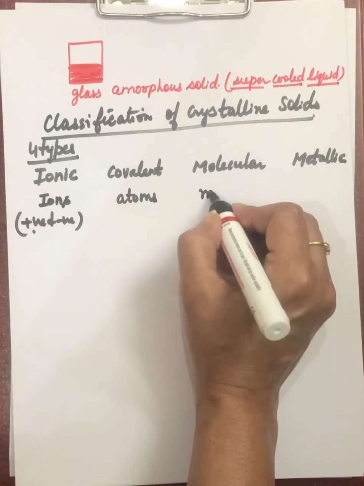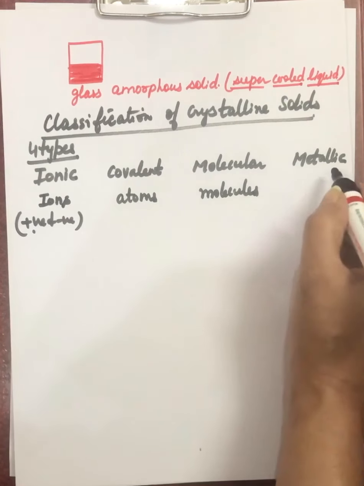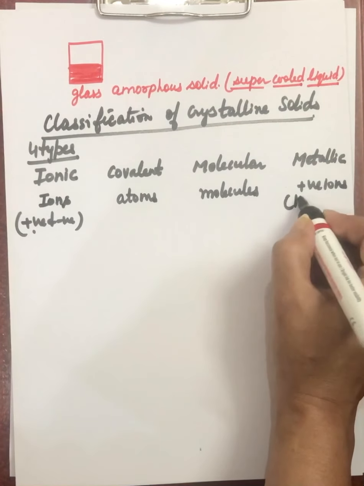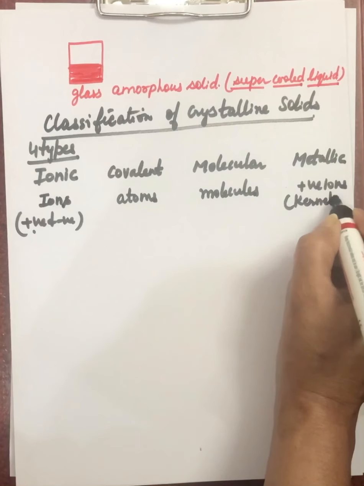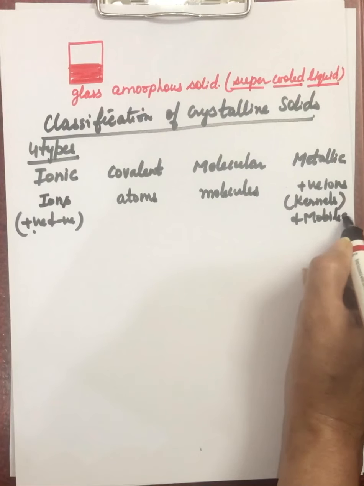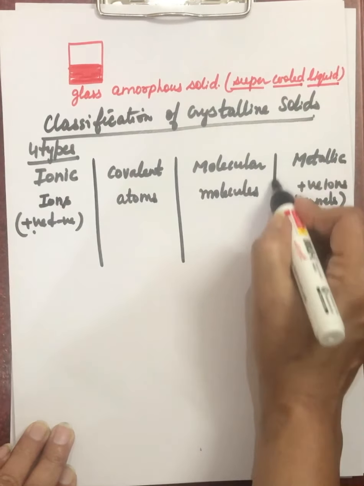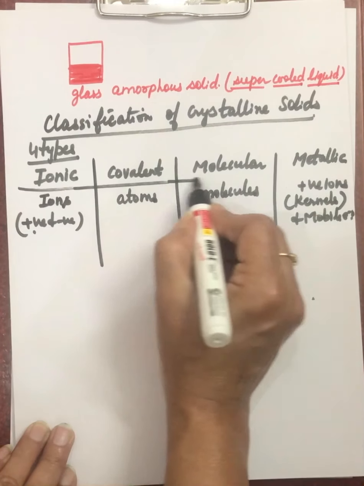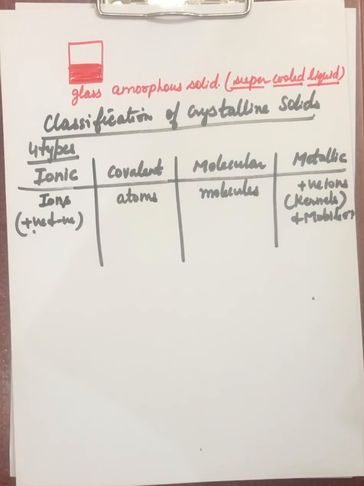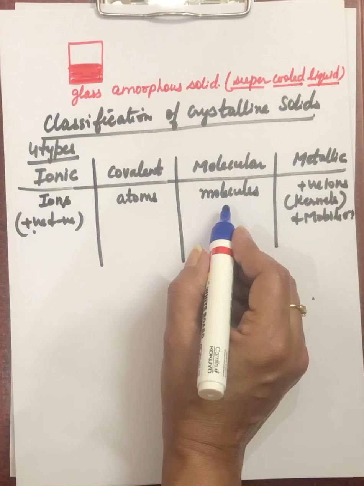In molecular solids, the particles are molecules, while in metallic solids, these are positive ions, also called kernels, and mobile electrons. Covalent are made up of atoms, and molecular are made up of molecules.